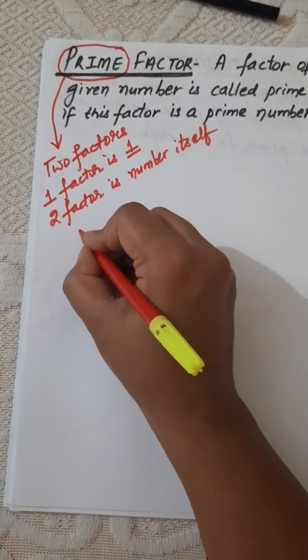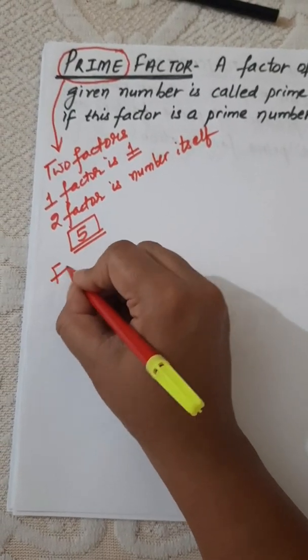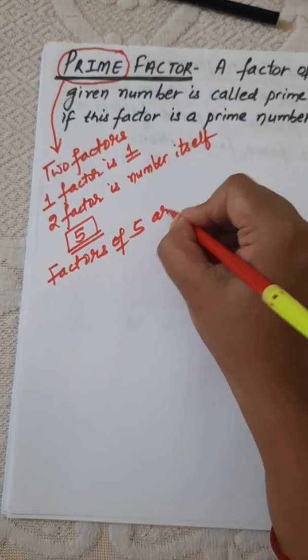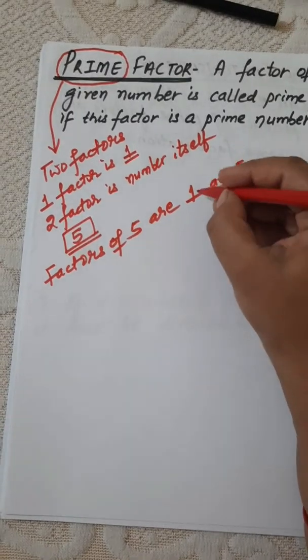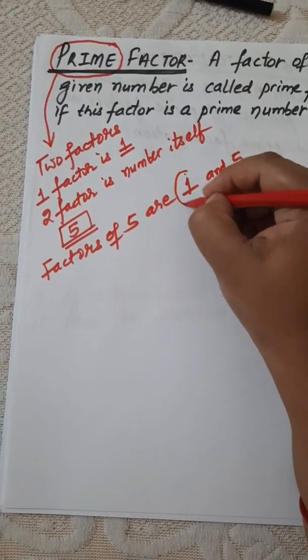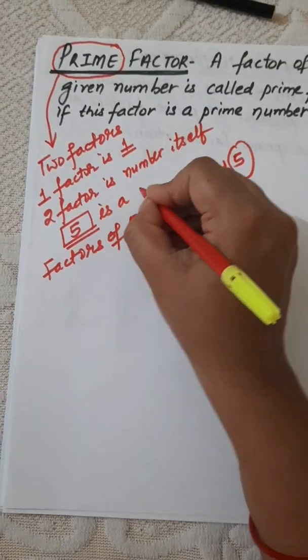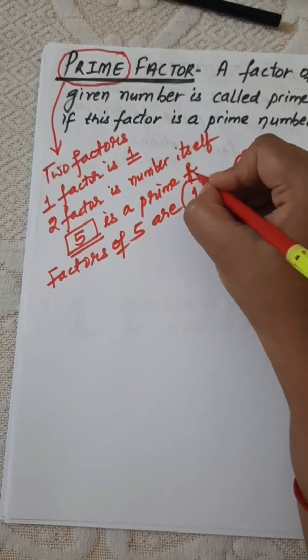Suppose we have 5. Here 5 is a number and the factors of 5 are 1 and 5. Here we have 1 as a factor and the number itself. So 5 is a prime number.